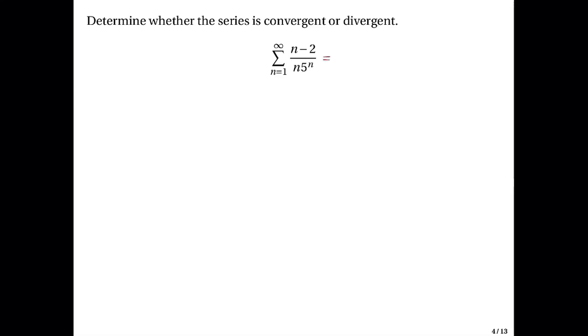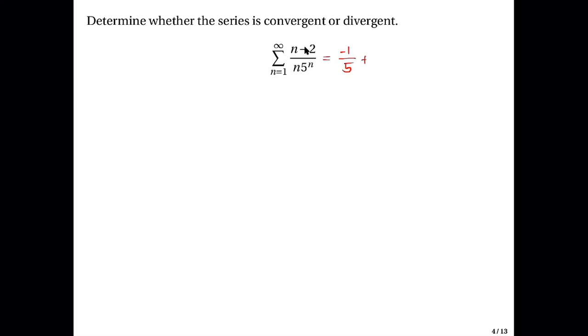You can write this as, when n equals 1, you have negative 1 over 5. Correct? 1 minus 2, that's negative 1, and 5 to the 1 is 5. And then plus, when n equals 2, this is 0.